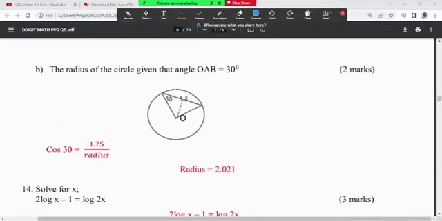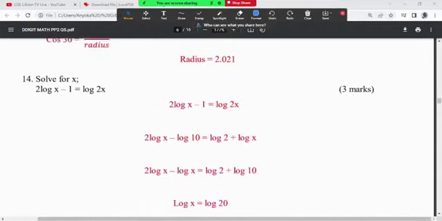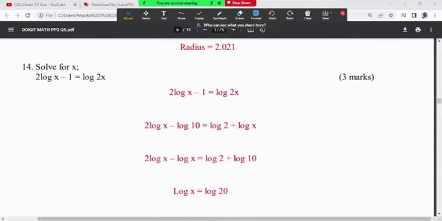Question 14. Question 14 is like what we worked out somewhere. So for x, we must remember the laws of logarithms. We want to solve for x. The laws of logarithms.